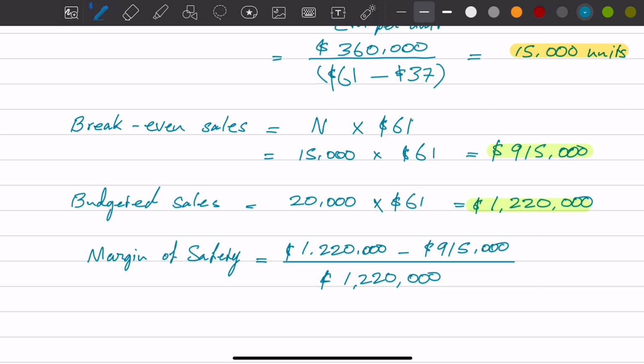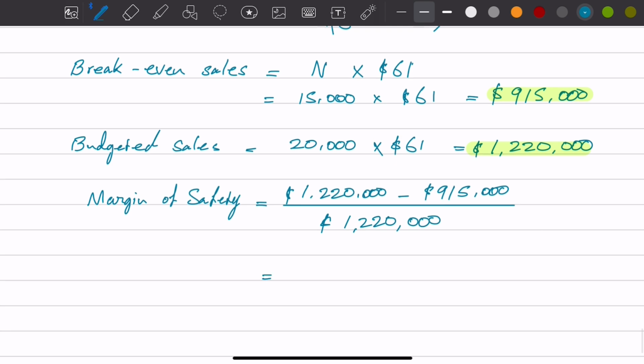We go for our calculator one more time. So 1,220,000 minus 915,000. That equals 305,000 divided by 1,220,000. Okay.